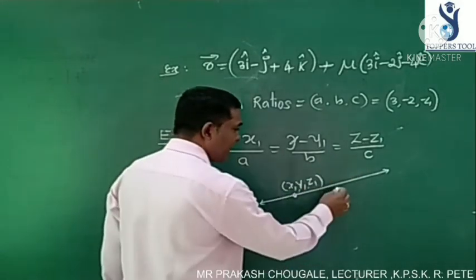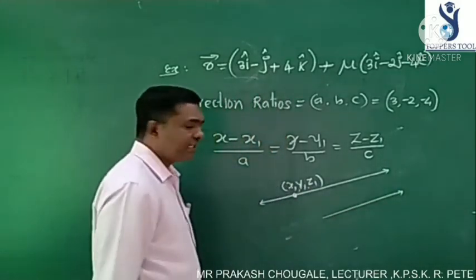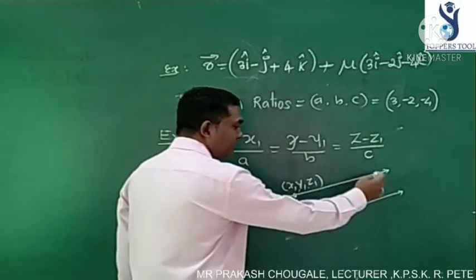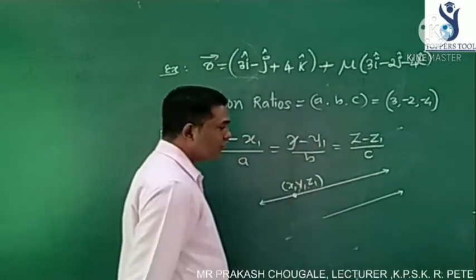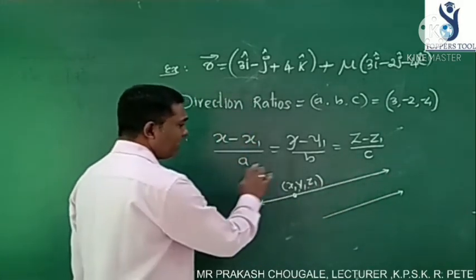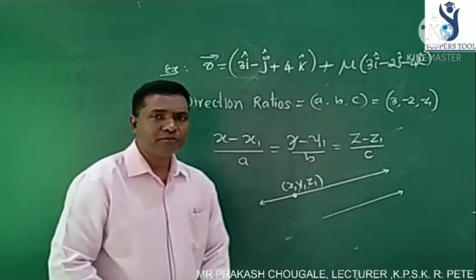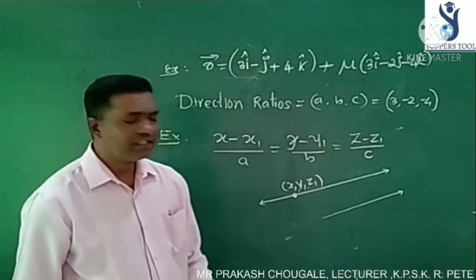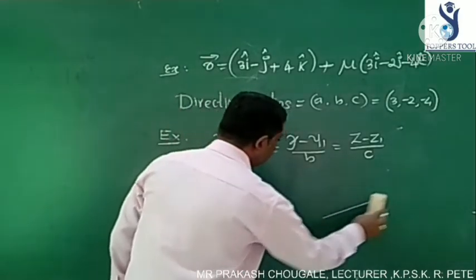So it is parallel to some vector here, and the direction ratios of this line are nothing but the direction ratios of this. So the direction ratios of this line are a, b, c. From the given Cartesian form, you must tell what its direction ratios are.